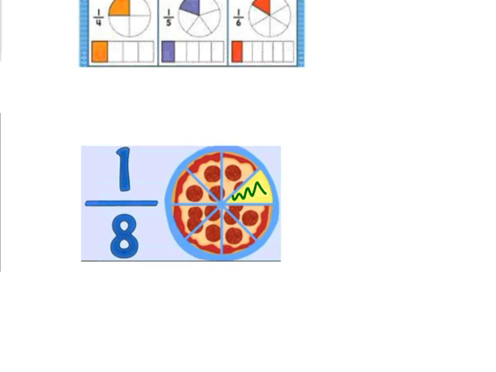There's 8 slices total, and you only ate 1. So this is an example of the part that you ate and the total that came with the pizza, 8 total pieces. So I want you guys to apply this concept to the division of whole numbers.